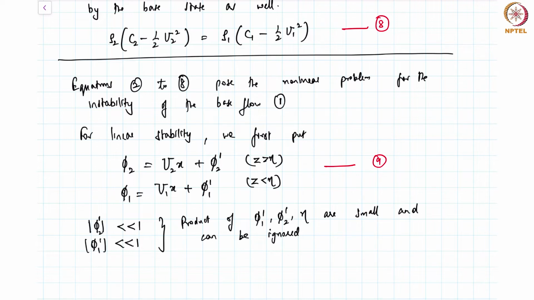Now having defined the expression for phi on both the fluids, we also want to impose one more condition. We also want to say that eta is small and its derivatives are also small.